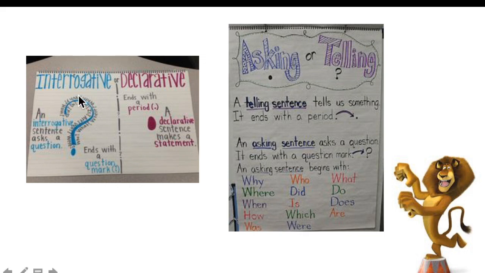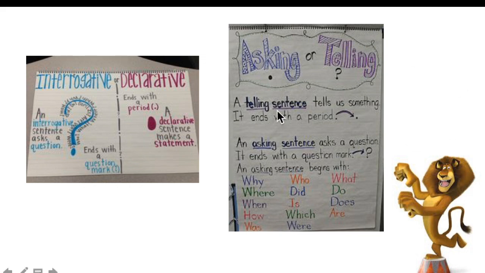Interrogative sentence, it's a question. Interrogative sentence is what? Question. And question is what? Asking sentence. It is asking something. And because it is asking something, how does it end? With the question mark.